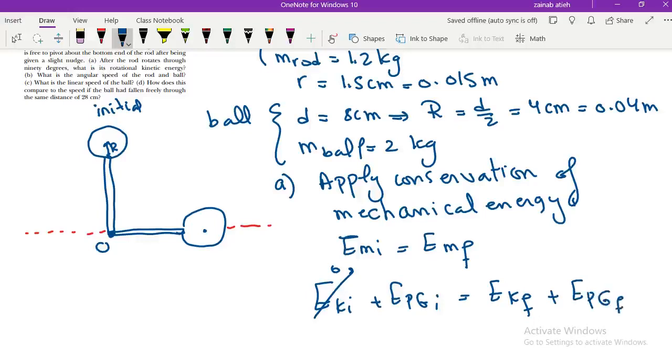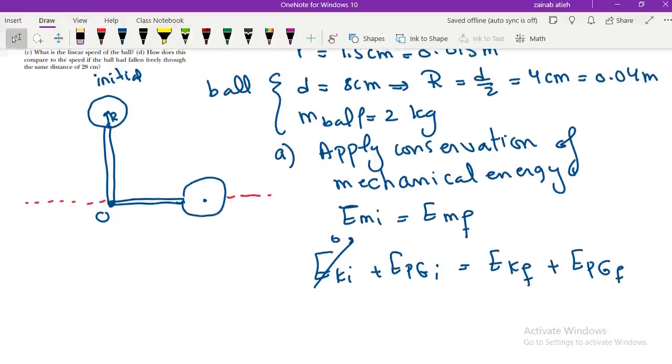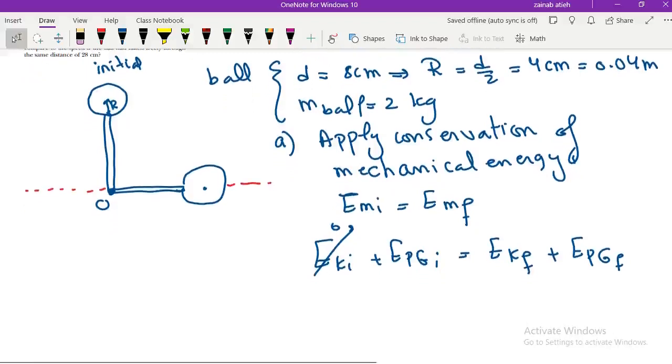Don't forget, my system is made of two things, ball and rod. So when I calculate the potential energy, I have to calculate the potential energy of the rod plus the potential energy of the ball, and the same thing for the kinetic energy, the rod plus the ball, all the time. So here at the final position, if you look carefully, the center of mass of the rod and the center of mass of the ball are at the same reference level, at the same horizontal level, which is the reference level that I have already chosen.